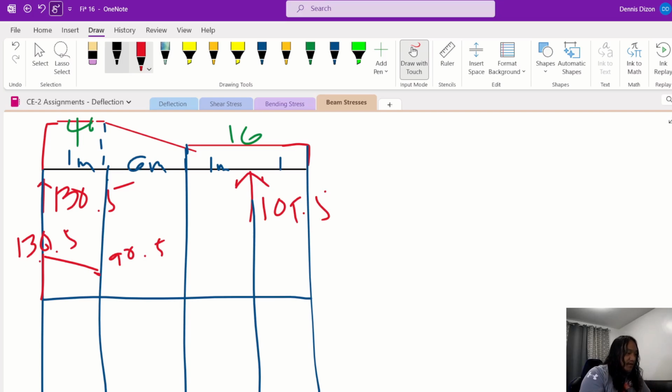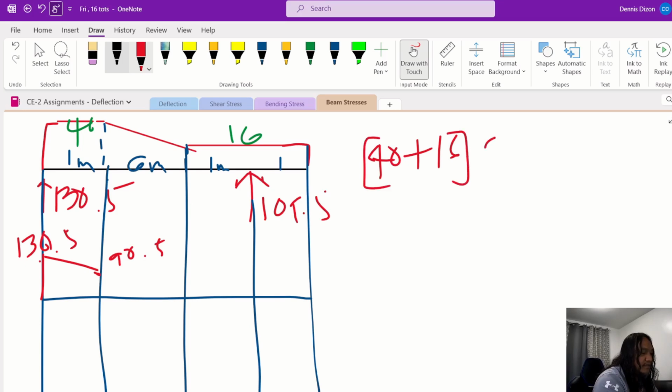The area of the trapezoid is 40 plus 16 times 6 over 2, so 40 plus 16, then times 3, is 168. We will subtract this 168 from 90.5.